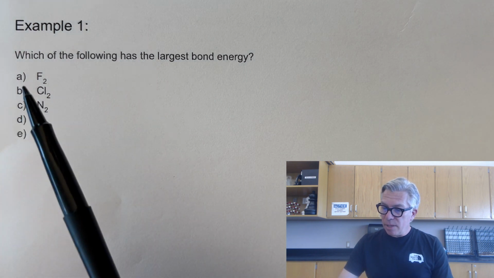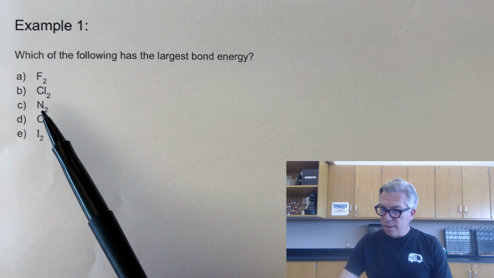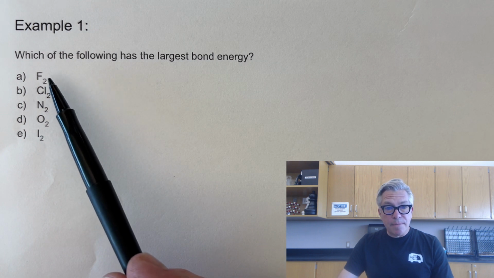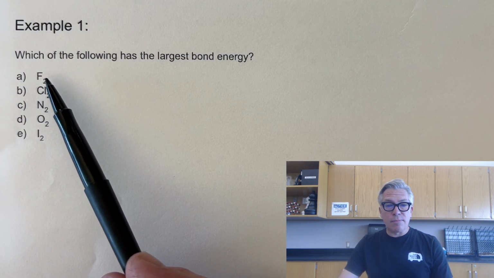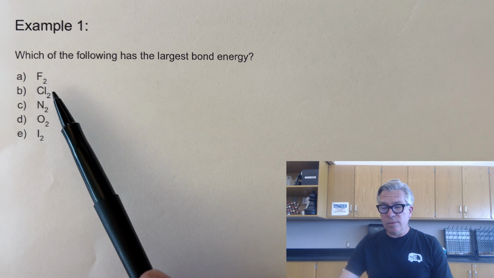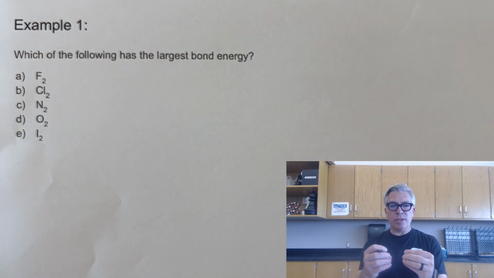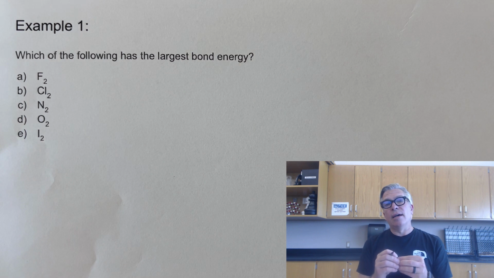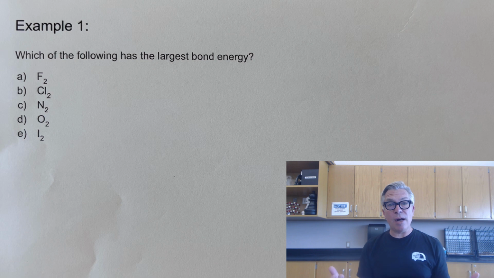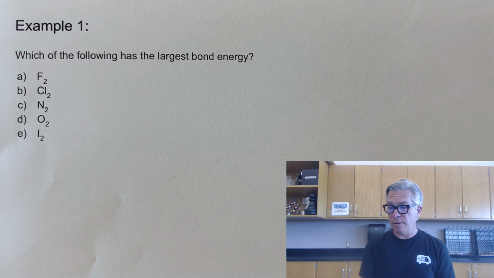I'm looking down the list and I'm seeing fluorine here, and fluorine is the smallest of the atoms in terms of its atomic radius. So it might be tempting to think, well, the two fluorines are going to get really close to each other and have a very short distance and a larger bond energy because they're getting closer to each other.